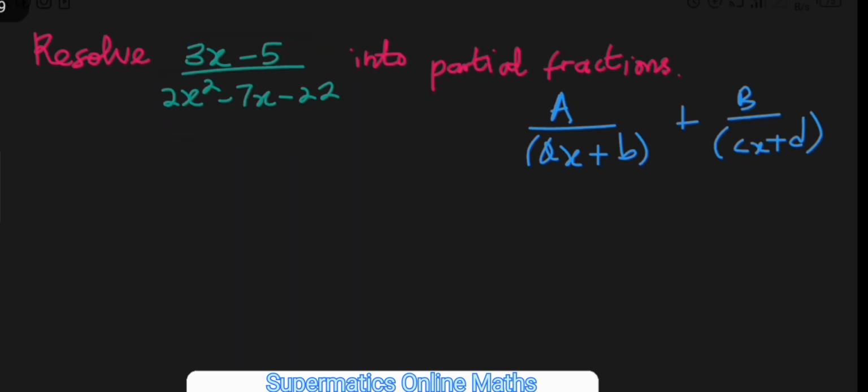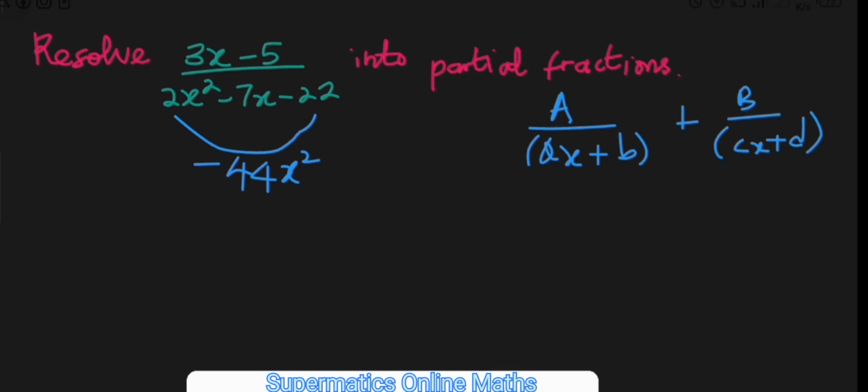Now, to be able to do this, we need to check the denominator of this rational function to see if we can factor it. To factor this, we shall be considering the first term and the last term, because the leading coefficient of the first term is not 1. The product of these is negative 44x².